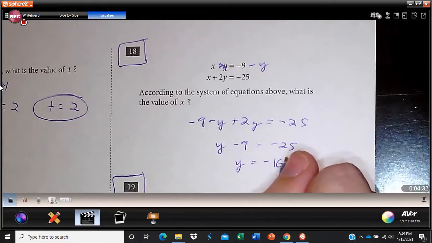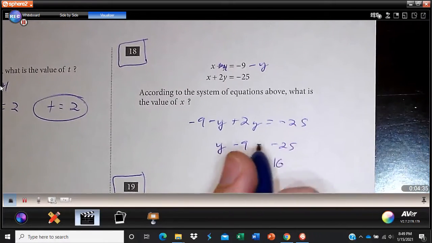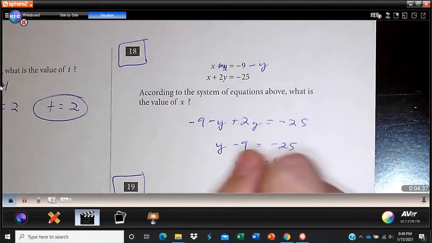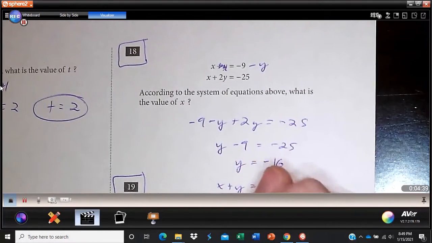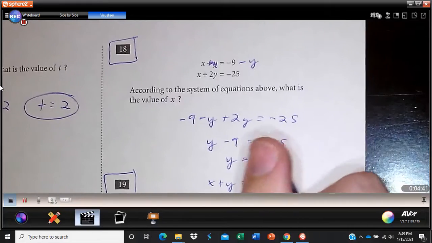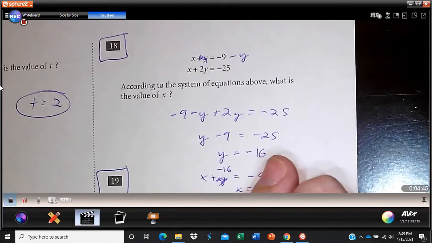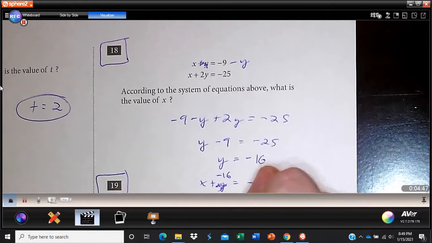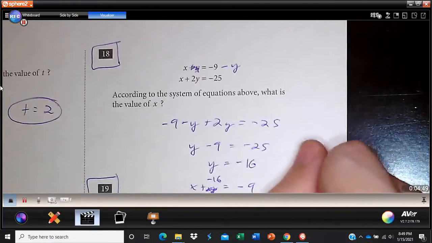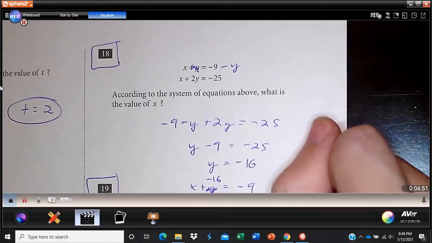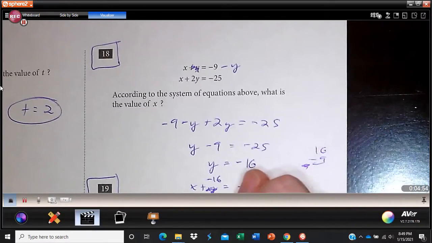If I add, yes, okay. So that's negative 16, and then I know that x plus y is equal to negative 9, or x minus 16. So x is equal to 7, so this is 16 minus 9, yeah, which would be 7.